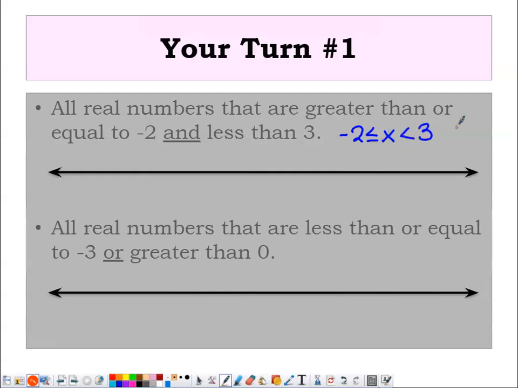That's one way that we can write it, or you can also write it this way: x is greater than or equal to -2, and x is less than 3. Okay? Make your number line.